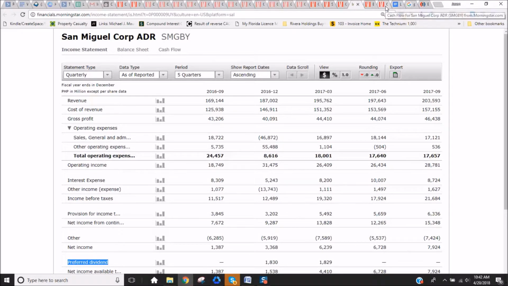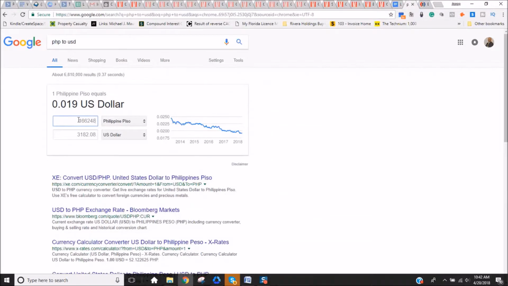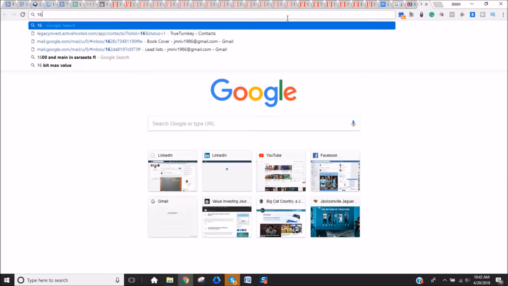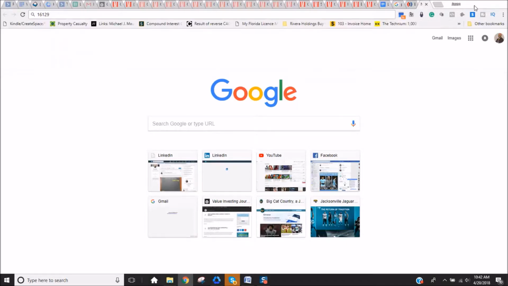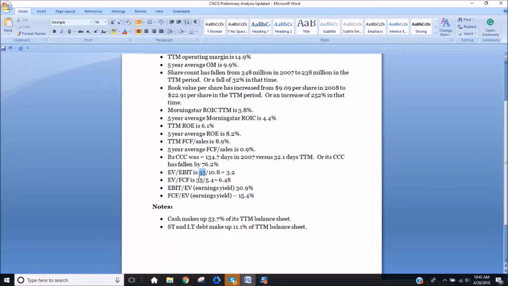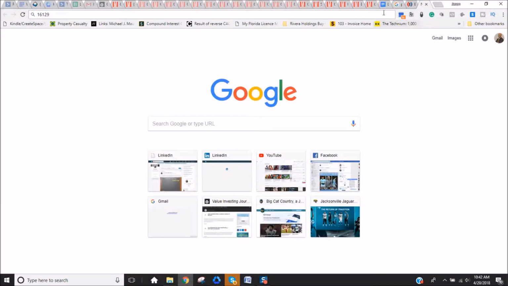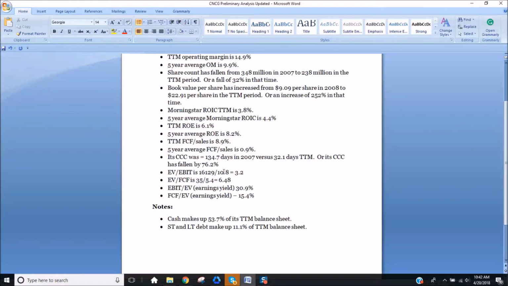28781. So 551. Again, make sure to write this number down. 16,129 is the enterprise value. Again, make a note of that down here as well. 16,129 divided by 551.